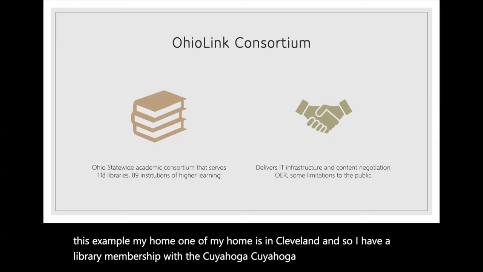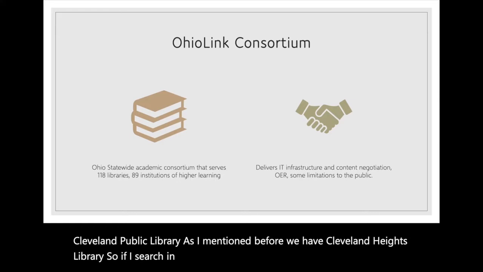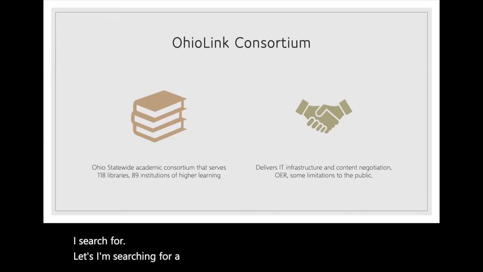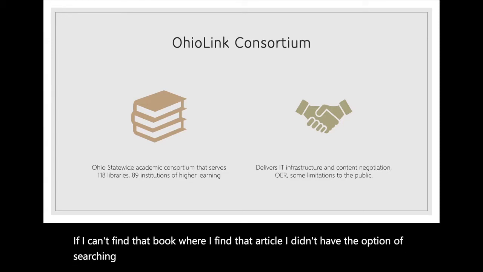Also, we have Cleveland Public Library, as I mentioned before, and we have Cleveland Heights Library. If I search in the Cuyahoga County Library catalog for a book or an article and I can't find it, I then have the option of searching through OhioLINK.